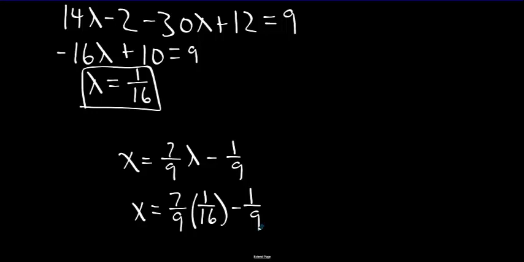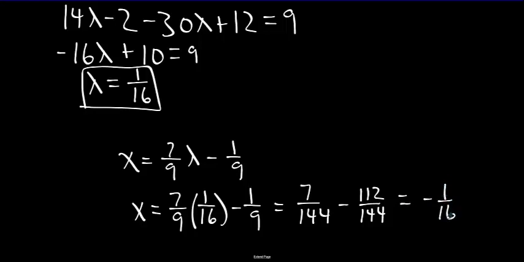Which, if we go ahead and do the arithmetic here, is 7 over 144 minus 112 over 144, I believe. And that is going to give us negative 1/16.